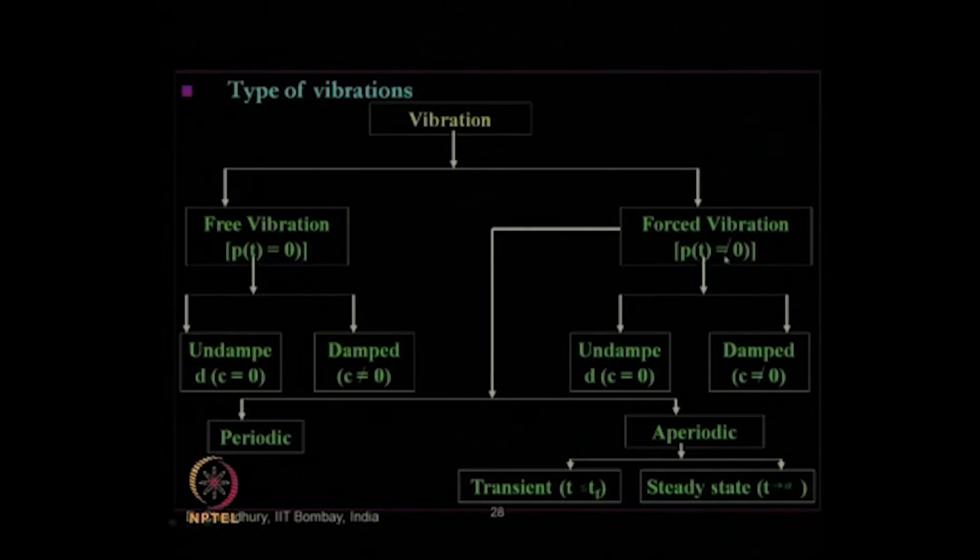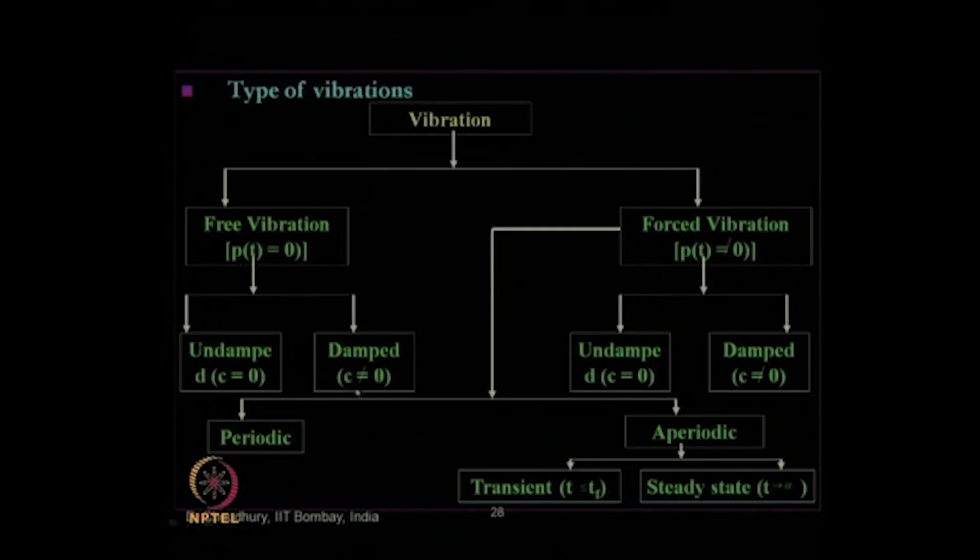Otherwise, if that p of t is non-zero, if some dynamic load is externally acting on the system, then we call it forced vibration. Within free vibration, we have sub classification as undamped, that is when there is no damper, c is 0, that is we are not considering any dissipation or loss of energy, that is called undamped free vibration system.